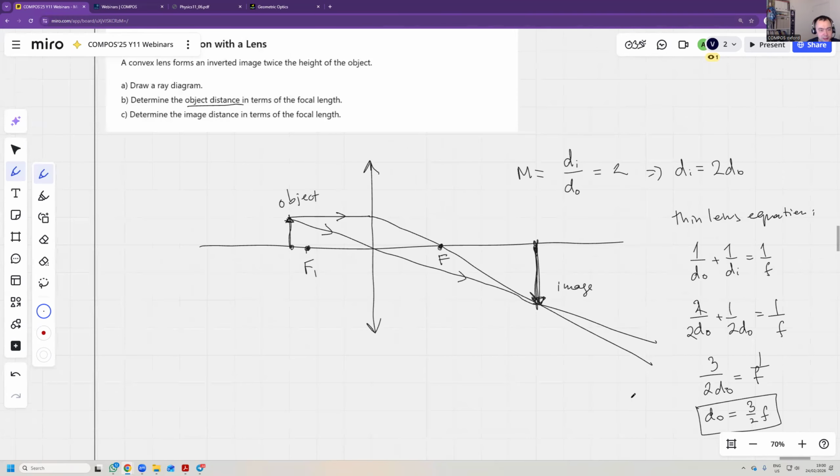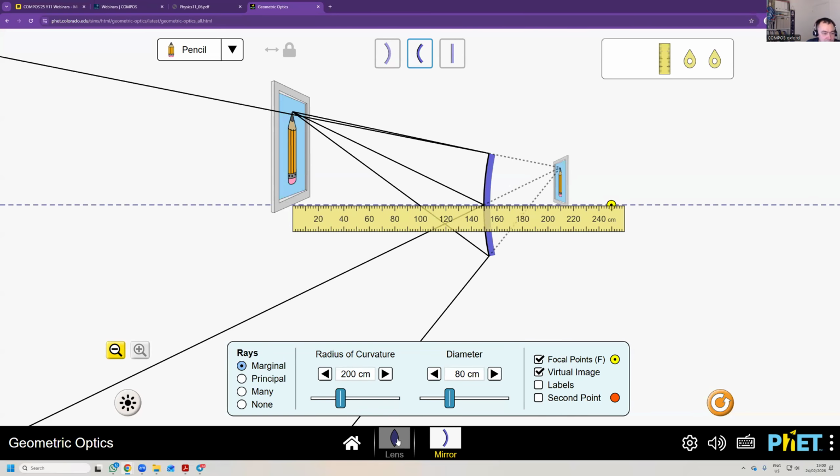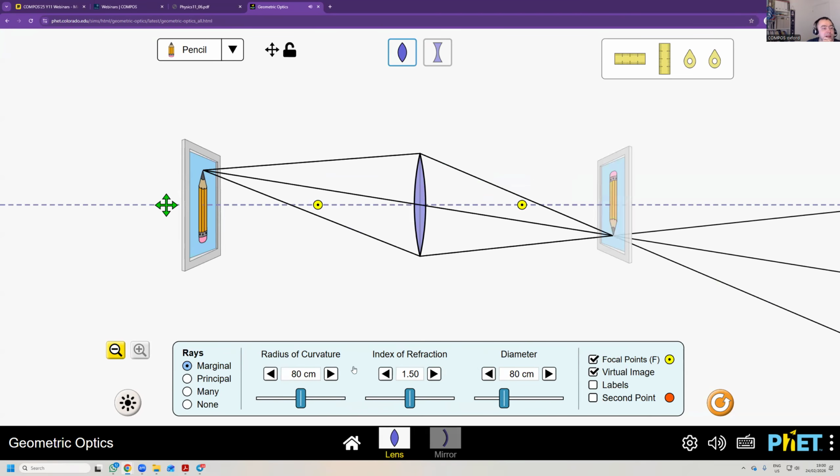And that does make sense. If this is f, then this distance is d0, which is 1.5 f. Does look very realistic. We can check if we take a lens. So what do we have? The focal distance.